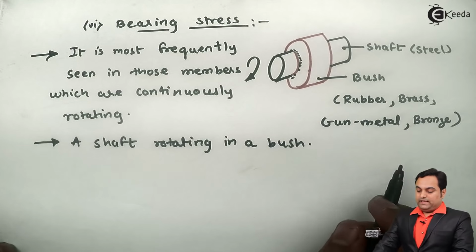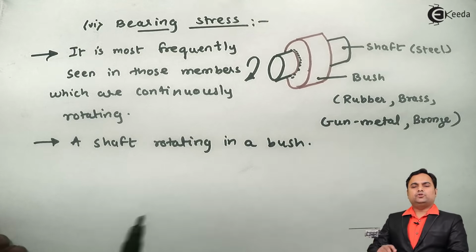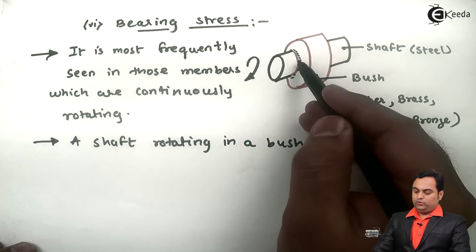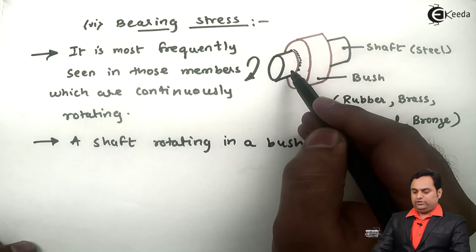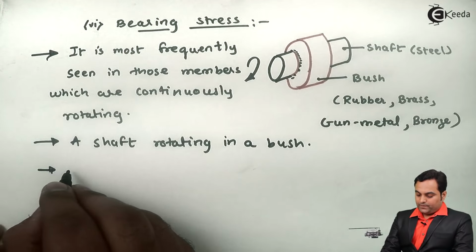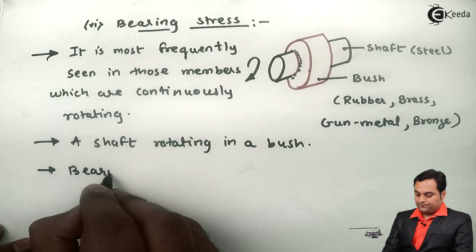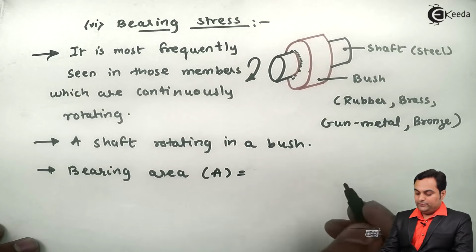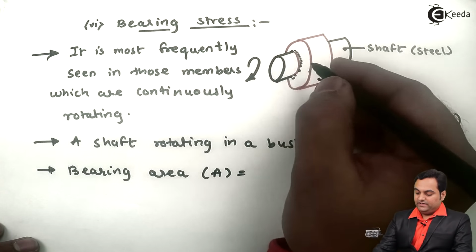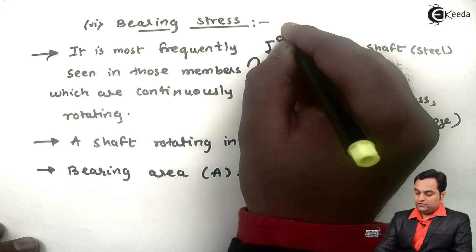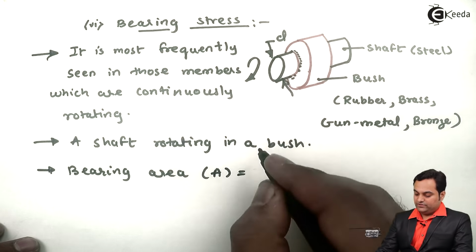Next, like crushing, since it was a localized stress, even bearing stress is applicable only to the area which is in contact between the bush and shaft. Therefore, the bearing area, capital A, will be pi d, where small d is the diameter of the shaft.